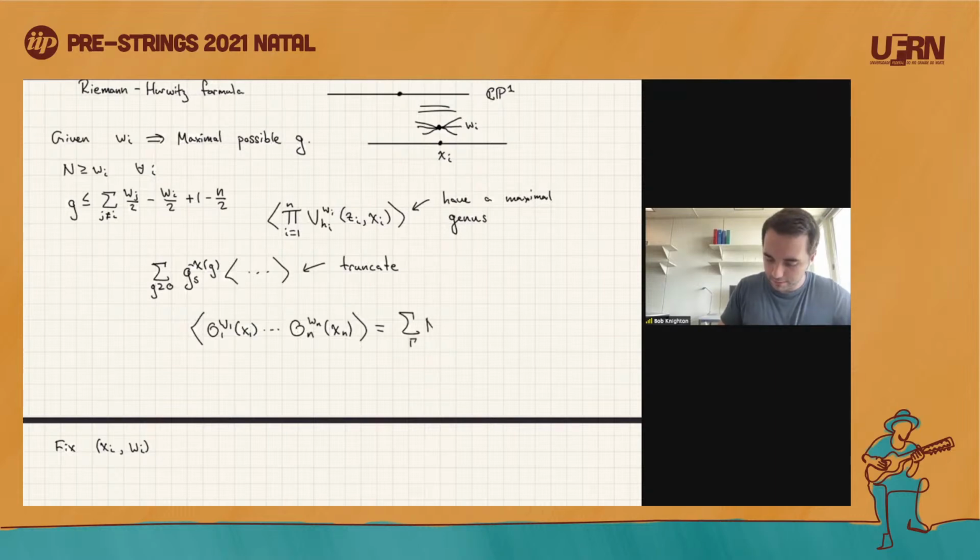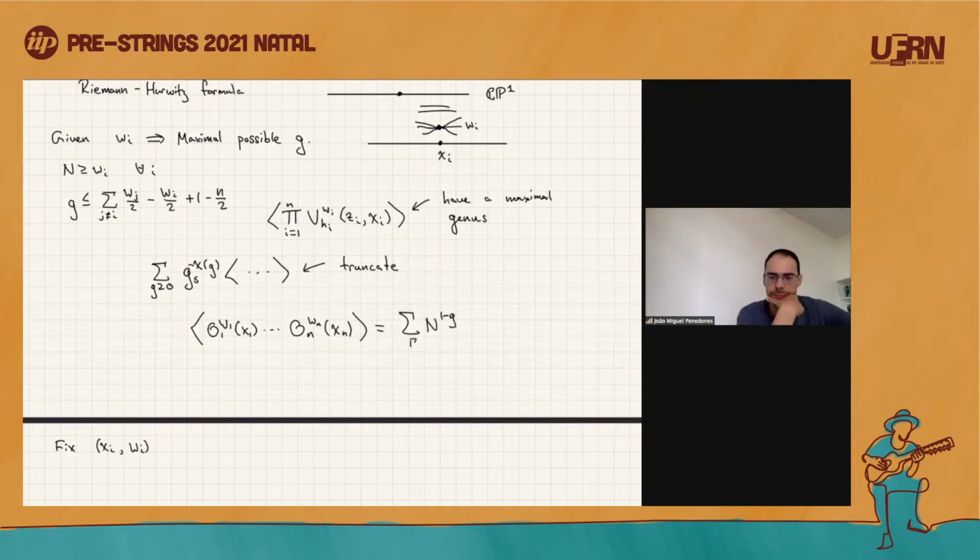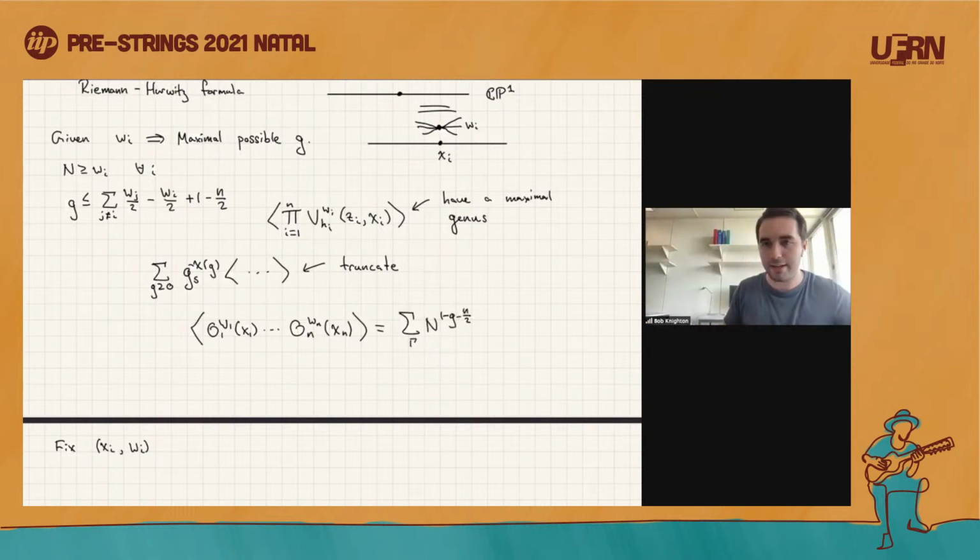And there's some n dependence, and then some conformal factors coming from the covering map. And so just from that perspective alone, the fact that you have a maximum genus for the covering map tells you that this series truncates in the 1 over n expansion.